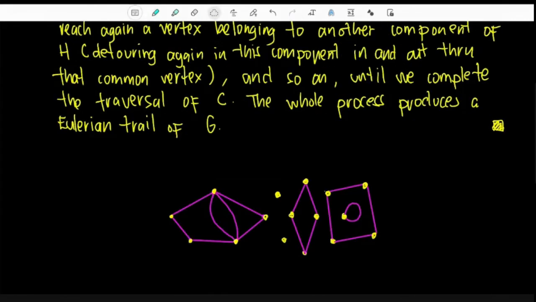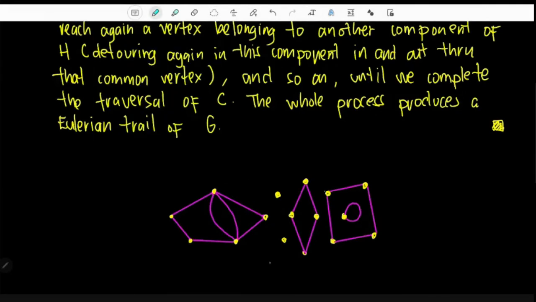Imagine, this is our H and then na-remove natin yung C. So ibabalik natin yung C, ititrace natin yung cycle natin starting from any point on the cycle, then every time na may makikita tayong component from the common vertex ng component na yon, ifa-follow lang natin yung Eulerian circuit ng component na yon. Remember, every component has a Eulerian circuit.